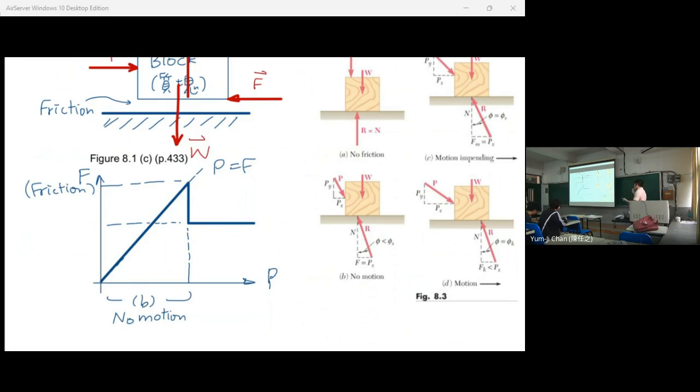And on the right, there is motion. The block starts to move to the right, so this part is called motion.